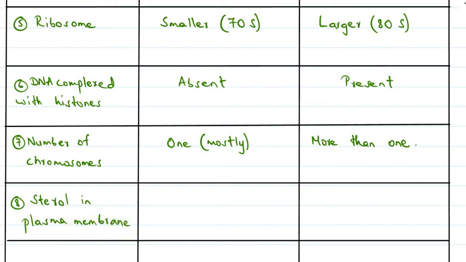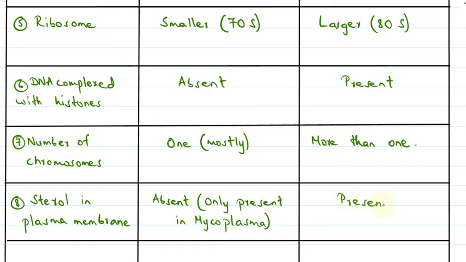So the sterol in plasma membrane is absent in prokaryotic cells, but this is an exception, that it is only present in mycoplasma, whereas sterol is present in plasma membrane in case of all the eukaryotes.